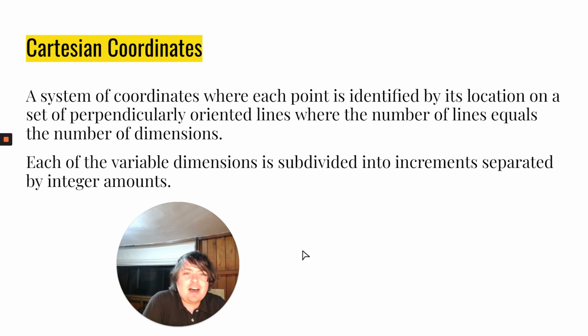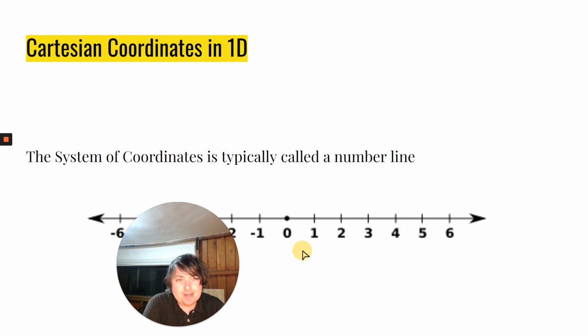All right, so the first example that we have, most of us already know about, is Cartesian coordinates. This is a system of coordinates where each point is identified by its location on a set of perpendicularly oriented lines, where the number of lines equals the number of dimensions. And each of the variable dimensions is subdivided into increments separated by integer amounts.